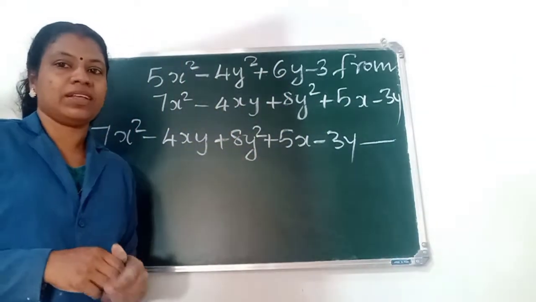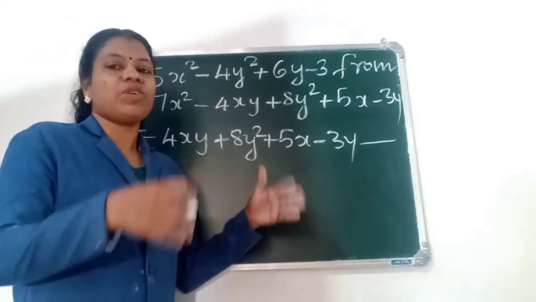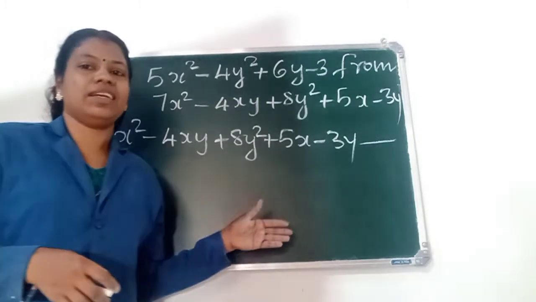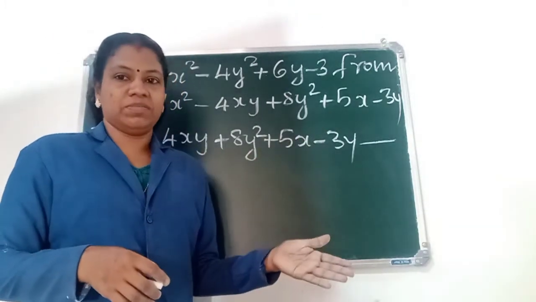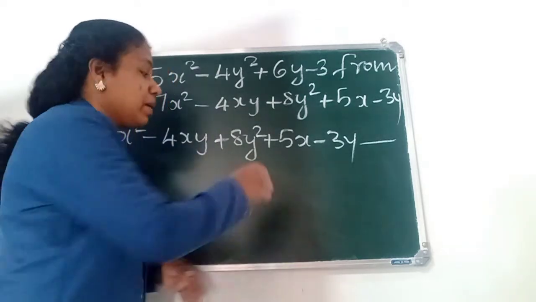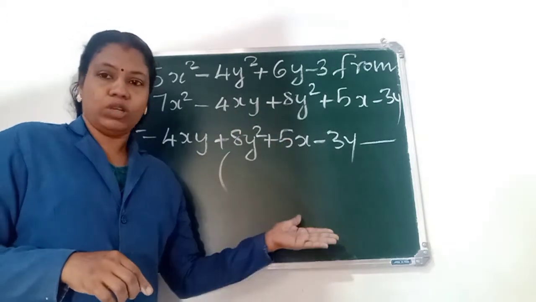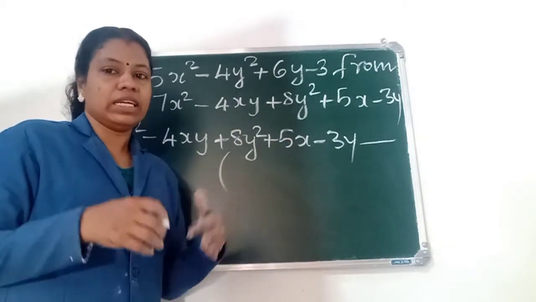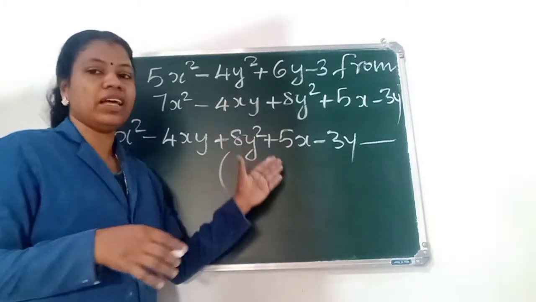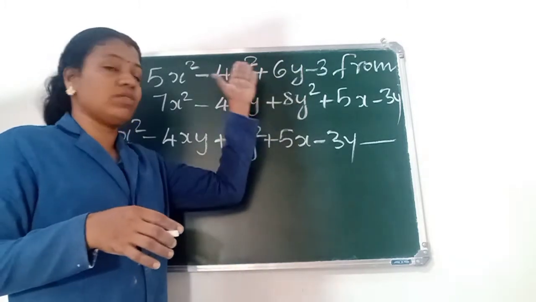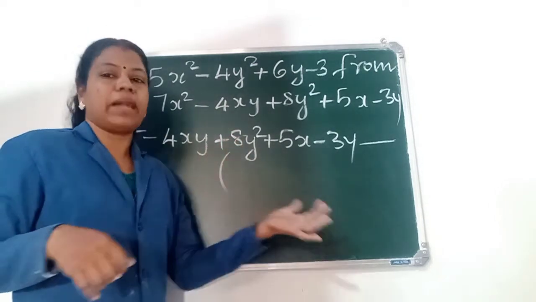There. Subtract the second expression. So while doing subtraction, if the expression has more terms, you must put a bracket. Already we subtract one number from another number. Here we are going to subtract these terms from this expression. So just put a bracket.